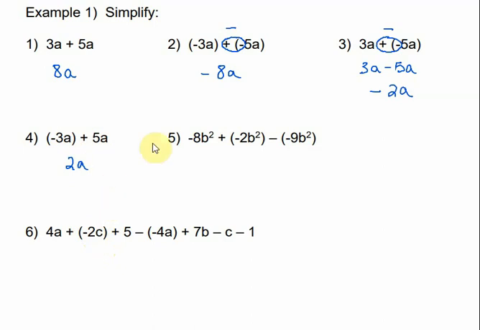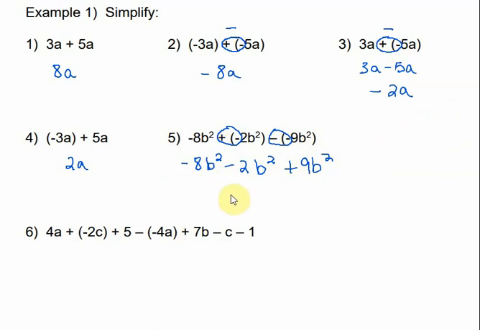Okay, in number 5, let me change these to single signs. Okay, so that's negative 8b squared. Different signs, that's negative. Same signs is positive. Now, are all 3 of these like terms? Yes, they all have b squares on them.